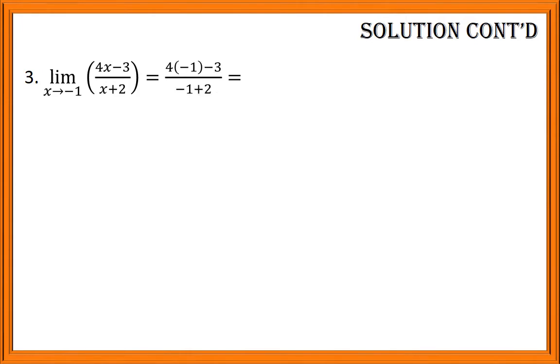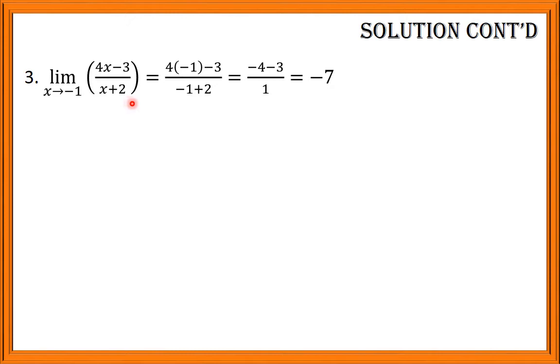Let's look at the solution for example 3, which is the limit of 4x minus 3 all over x plus 2 as x approaches -1. With this, when we substitute x equal to -1 into the given function, we'll realize that the denominator will not be equal to 0.